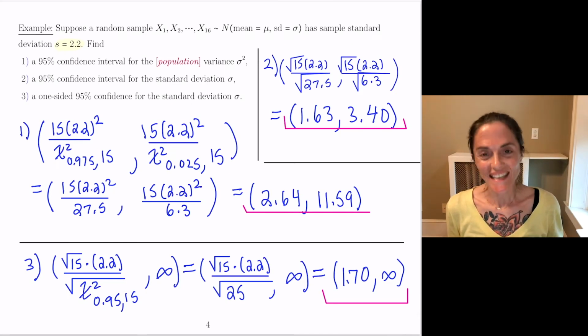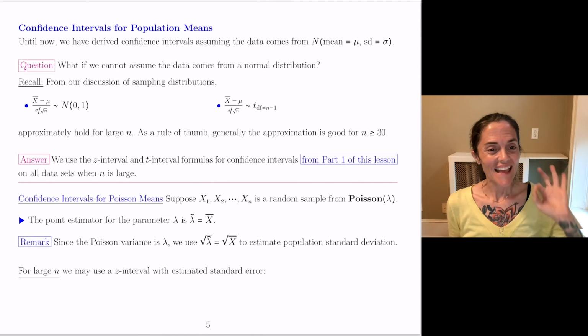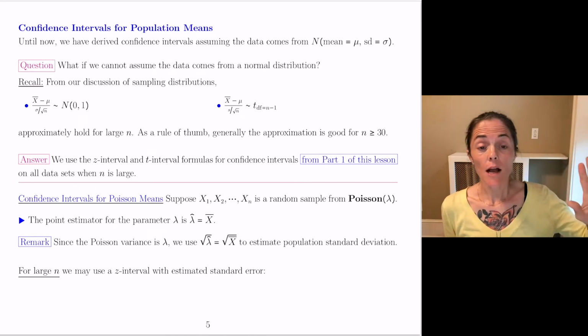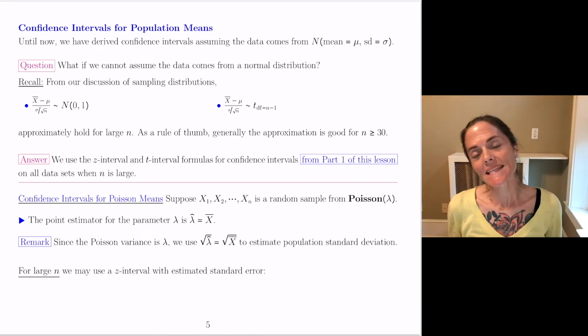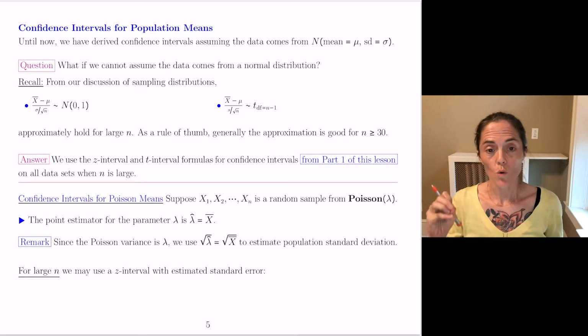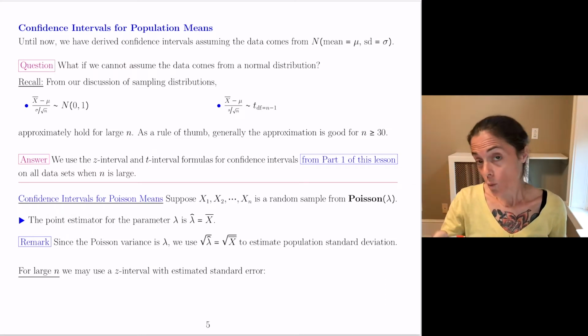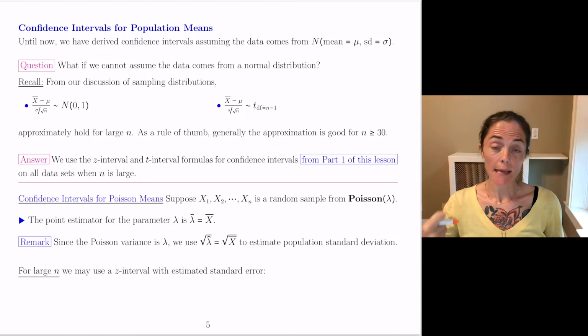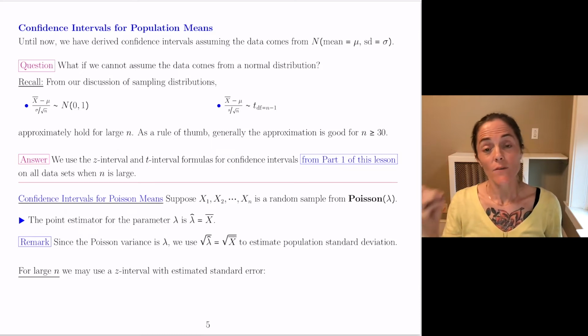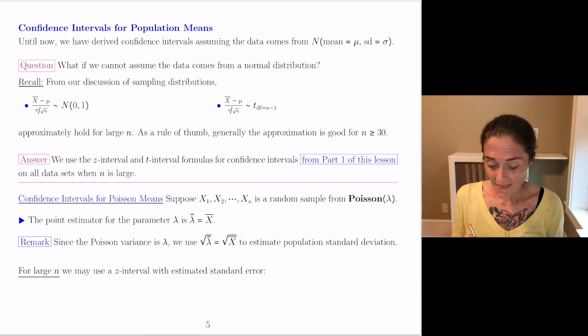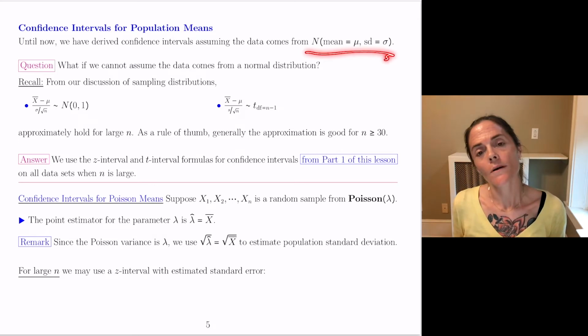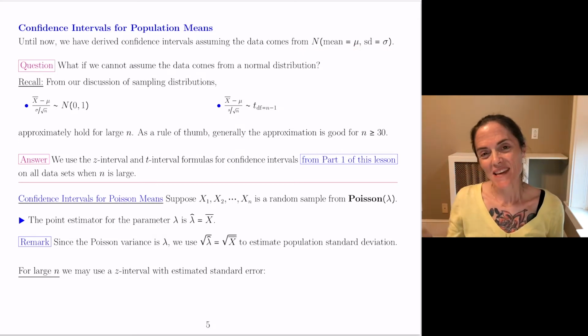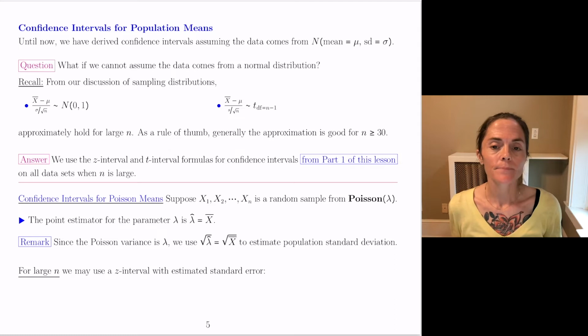What a wonderful example. Now, let's talk about confidence intervals for population means again. So until now, in part 1 of confidence intervals, and also our discussion of confidence intervals for population variance, everything we have assumed that the data is a random sample from a normal distribution, mean mu, standard deviation sigma.